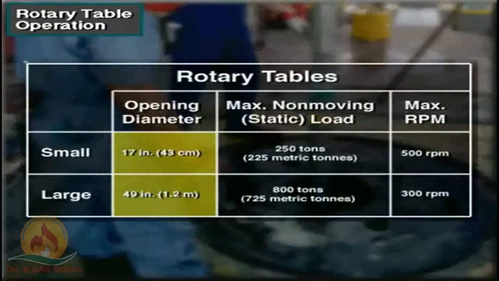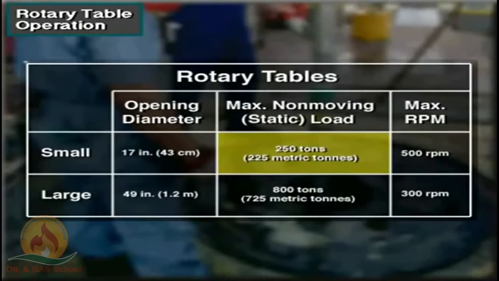Rotary tables have openings that range in diameter from 17 to 49 inches, 43 centimeters to about 1.2 meters. The smallest can hold a non-moving load of 250 tons, about 225 metric tons.